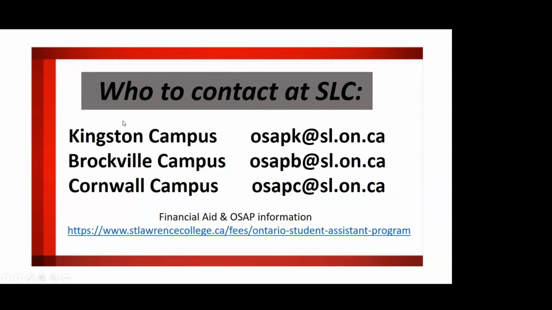And who to contact? There's information for the Kingston campus, the Brockville campus, and the Cornwall campus. That's their email address for each campus, and you can just email them and they would be able to give you any information regarding the program, anything with OSAP.